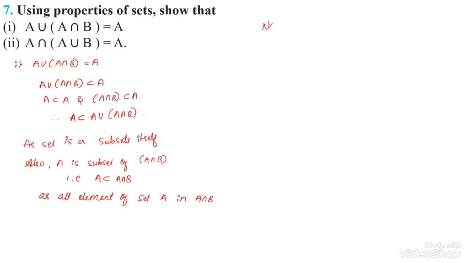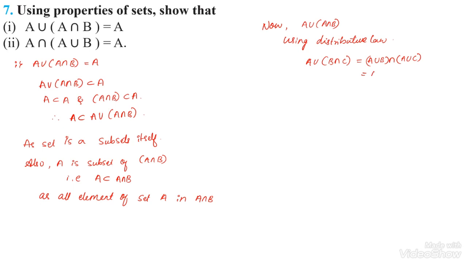Now A union (A intersection B). Again using the distributive law. A union (B intersection C) can be written as (A union B) intersection (A union C).